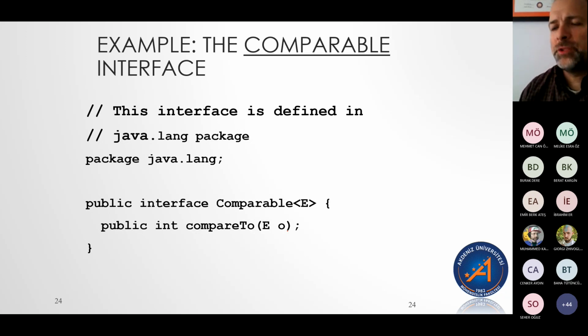Now, what the compareTo method does is it's an integer method. If the class implementing this interface is considered less than the object that's being passed, then this would return a negative value.